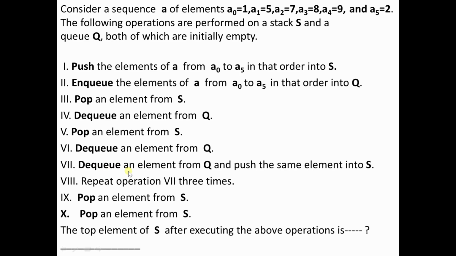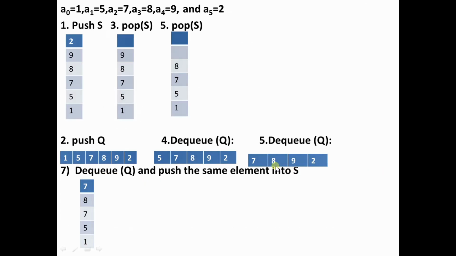Now dequeue an element from Q and push that same element into S. So here we delete the element 7 from this Q and insert this 7 into S. We remove this 7 and keep it in the stack. Once we put it in the stack, it will come to the top.